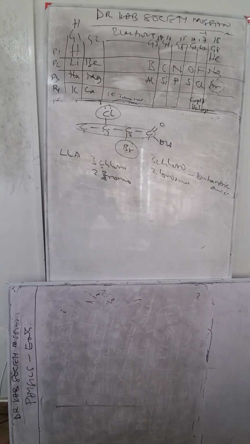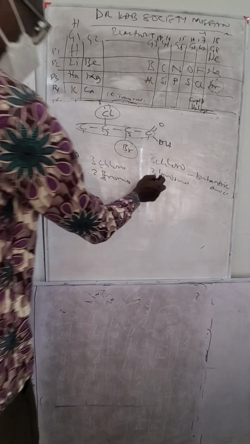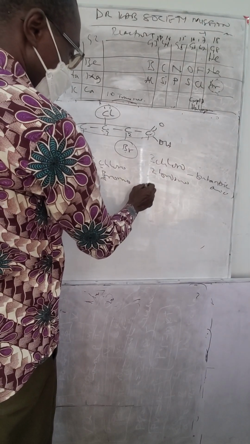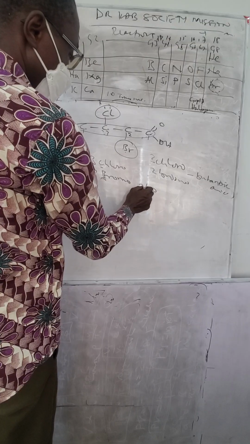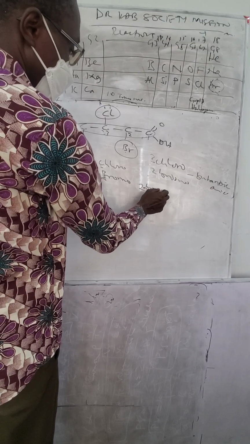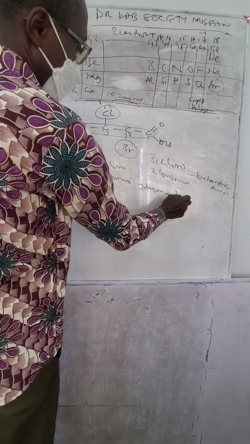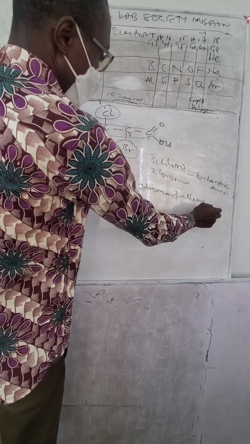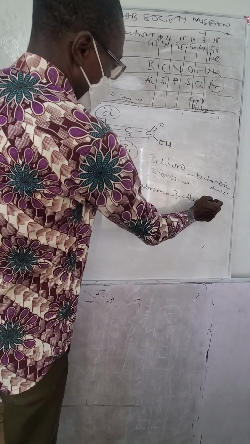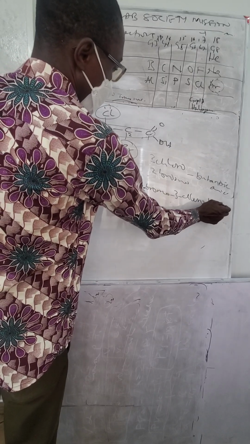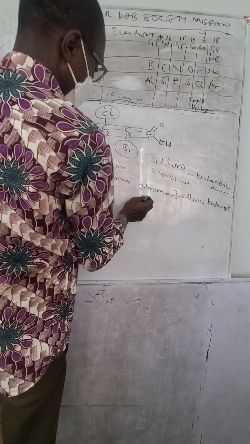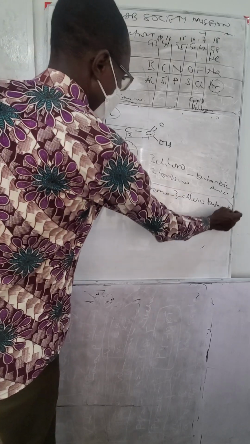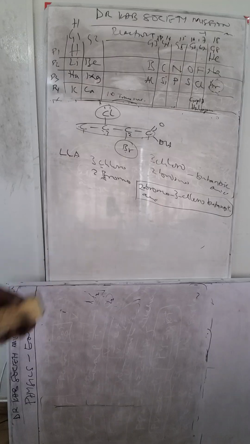So putting it all together is what? 2-bromo. Between number and name is a dash: 2-bromo-3-chloro. Then name to name, so there's nothing there. Butanoic acid. Okay, so that's the name. Right, let's go on to the next one.